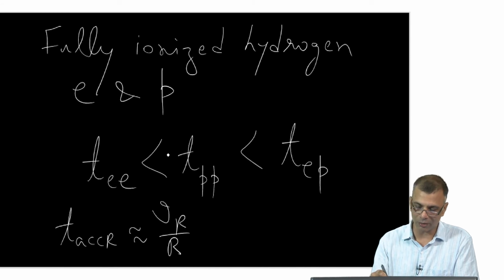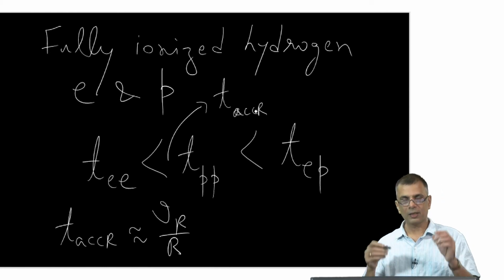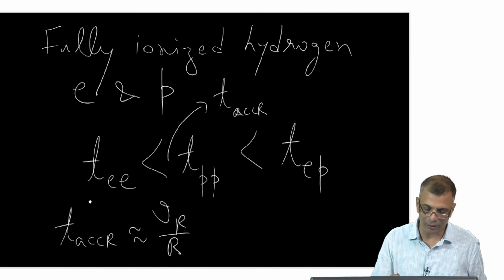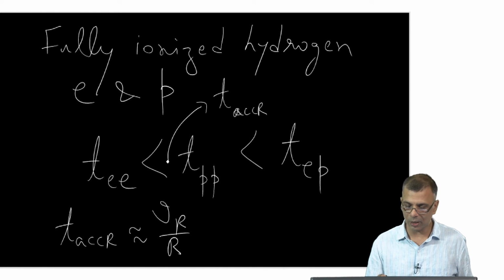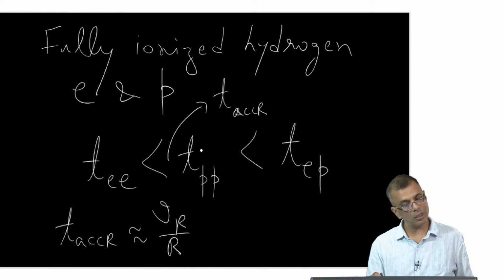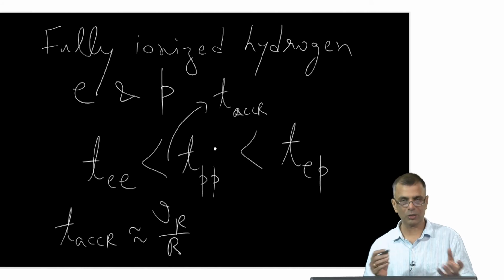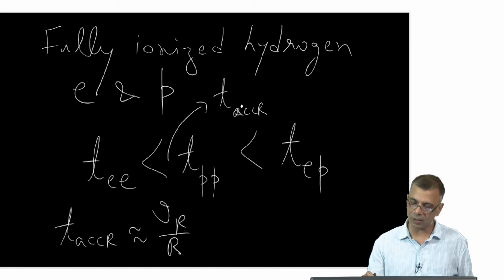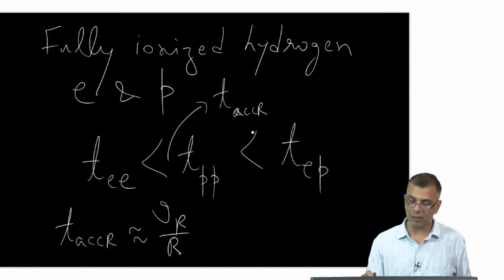So t_accretion would be somewhere here, which is saying that there is enough time for a definite electron temperature to be established. And if t_accretion is somewhere here, then there is not even enough time for the protons to collide amongst each other and establish a certain temperature equilibrium. But it's not clear whether t_accretion is on this side or this side of the equality. But definitely t_accretion is smaller than t_ep.